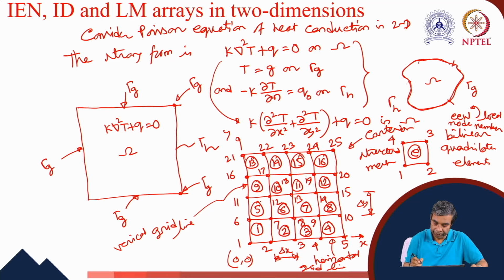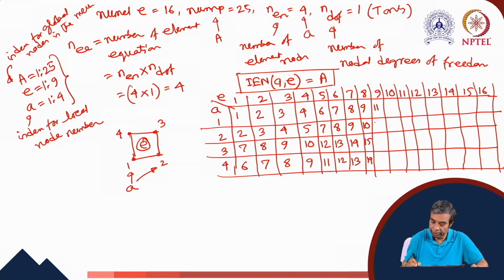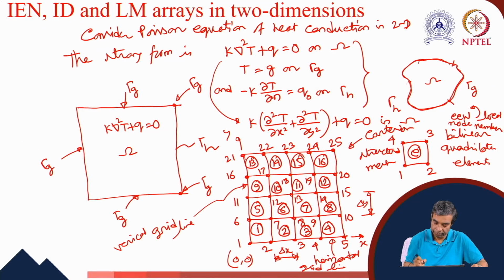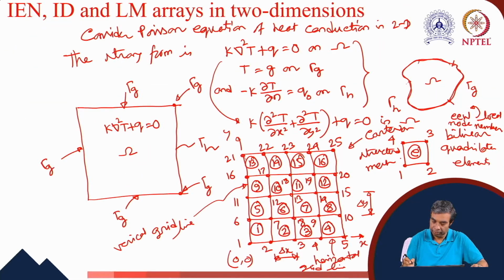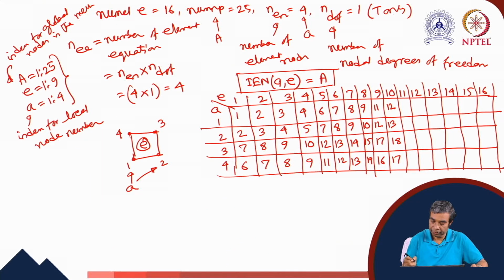11, 12, 17, 16. Then 12, 13, 18, 17. For the 11th element, it is 13, 14, 19, 18.